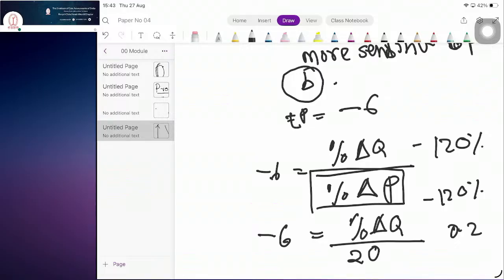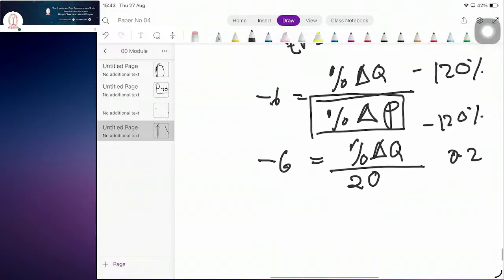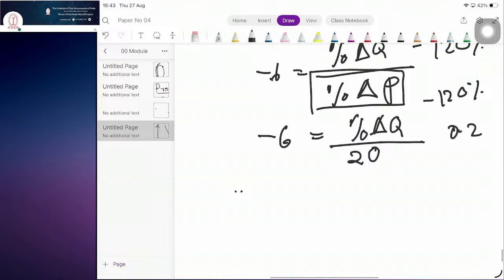The quantity supplied corresponding to price equal to 2. काय आन्सर? P ची किंमत जर का आपण 2 घेतली तर काय येईल उत्तर? How much is it? 5 into 2 plus 3. How much is that? 13. What is the answer? B. Correct. 19 la the answer is B. Have you all got this?